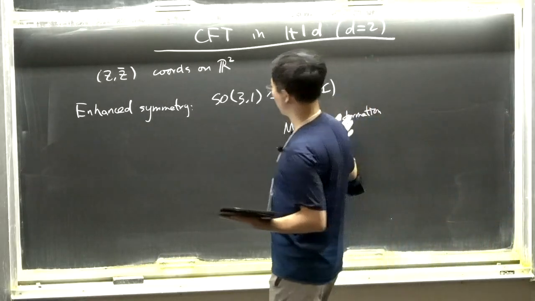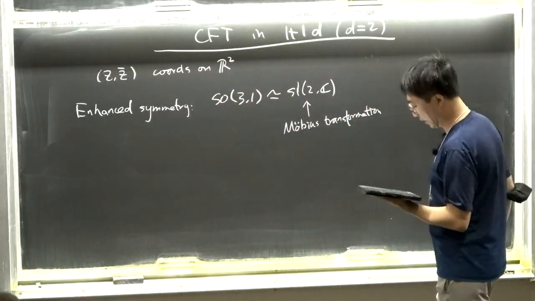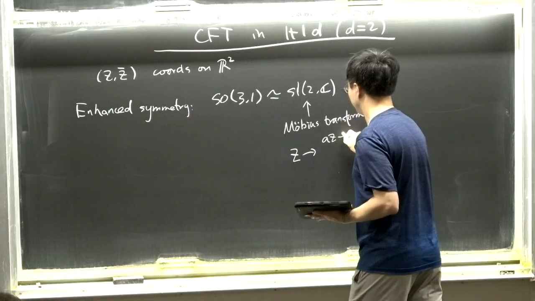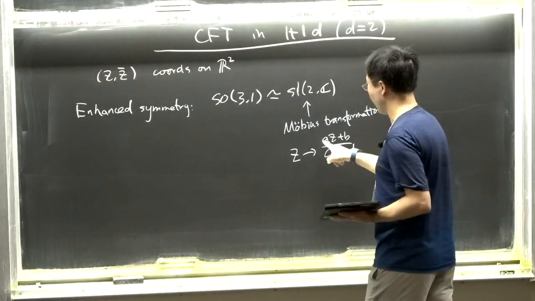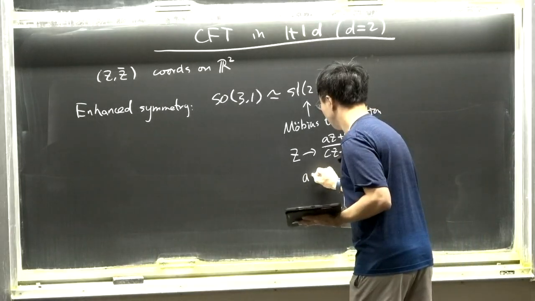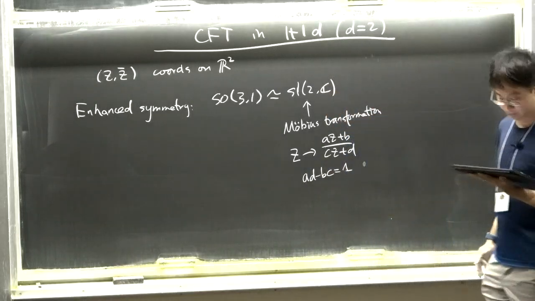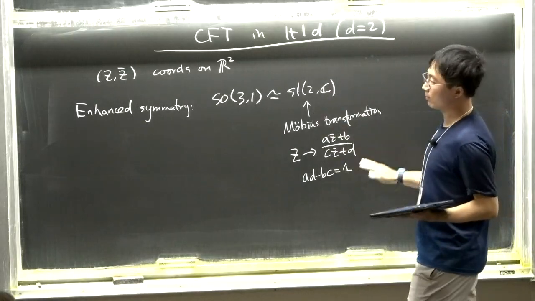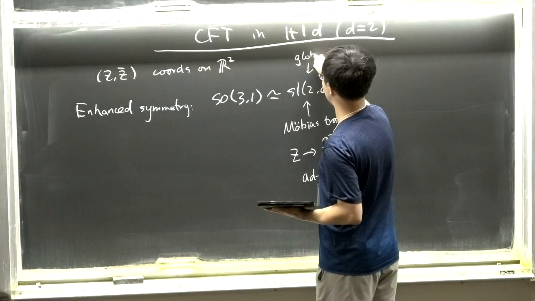If you parameterize these transformations in terms of these complex coordinates, it simply acts by these fractional linear transformations in the following way, where A, B, C, D are complex numbers subject to the constraint that AD minus BC is equal to 1. So this is just about the global conformal symmetry.